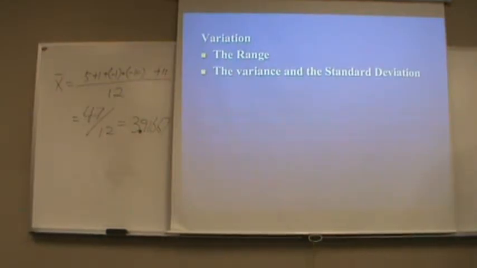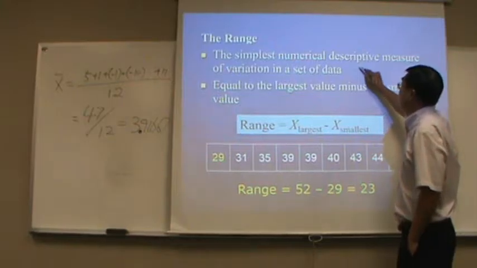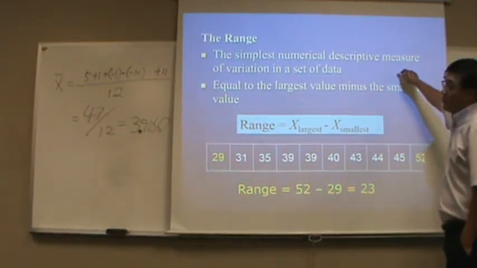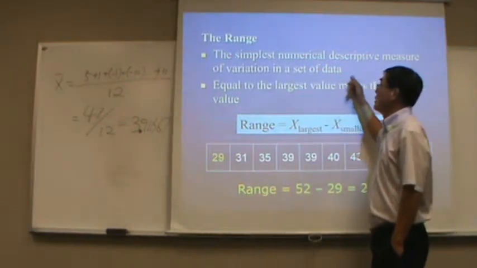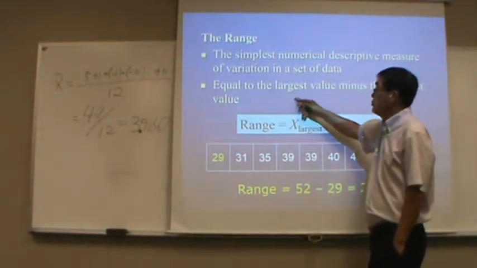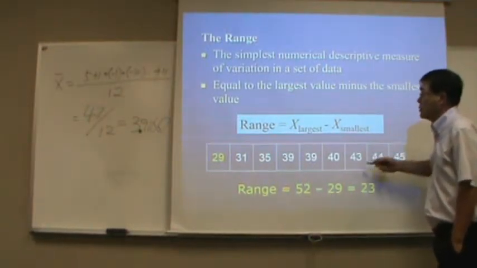Okay, variation. The range, variance, and standard deviation. Range is the simplest numerical descriptive measure of variation in a set of data, equal to the largest value minus the smallest.